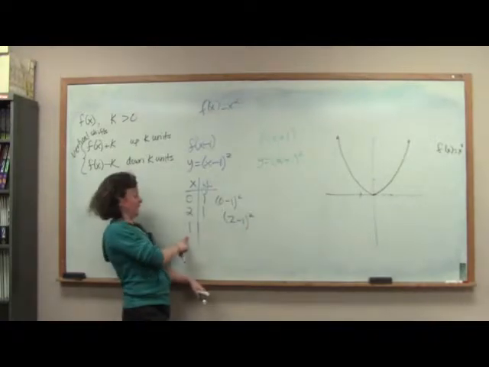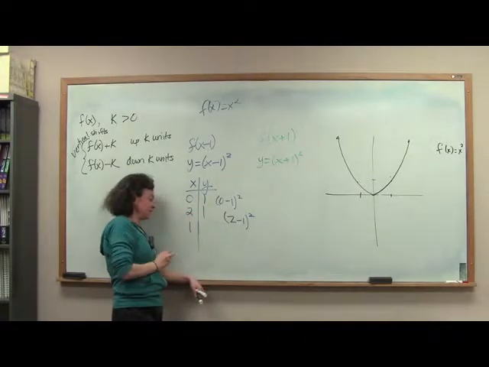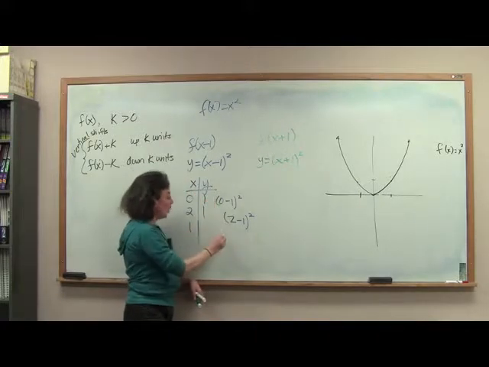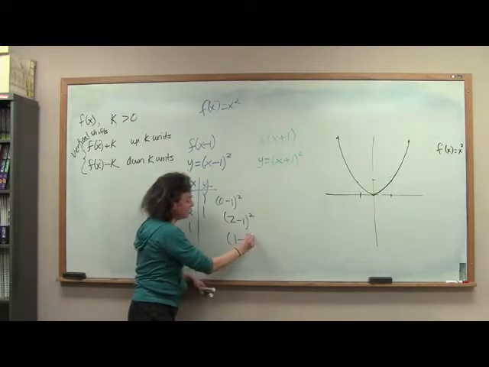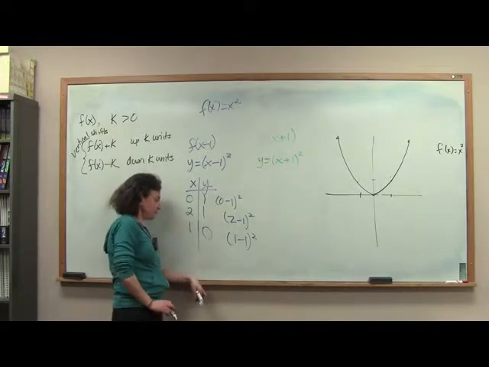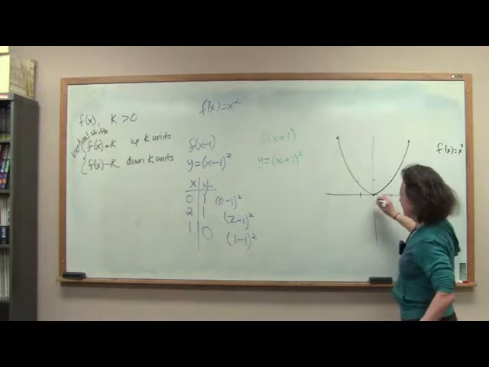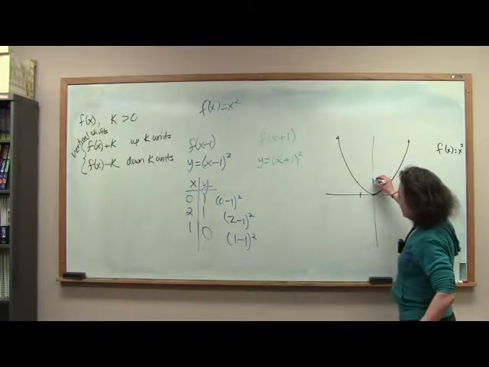Let's plug 1 in. Notice when we plugged in 0 and 2, we got the exact same number out. If I plug 1 in, don't I have 1 minus 1 squared? And we get 0. We could plug in more points, but let's see what happens here. Okay, with 0 we get 1.